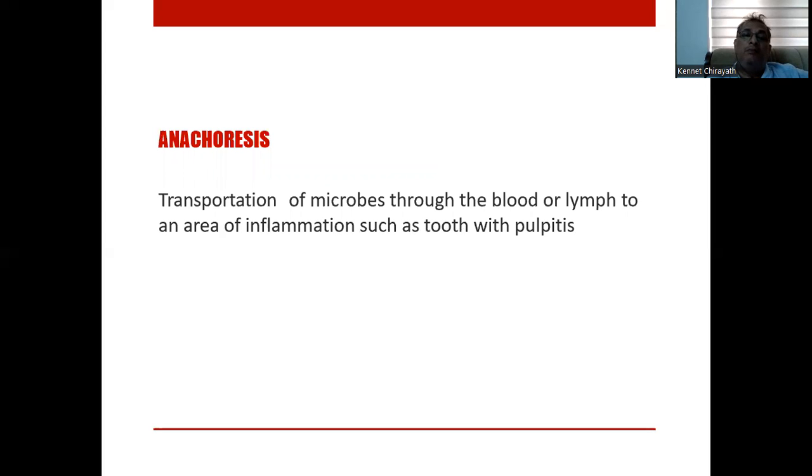So if the patient has an infection in a remote area of the body, the bacteria can move through the blood vessels and reach the inflamed pulp. This is known as anachoresis, the transportation of microbes through the bloodstream or the lymph to an area of inflammation, such as a tooth with pulpitis.